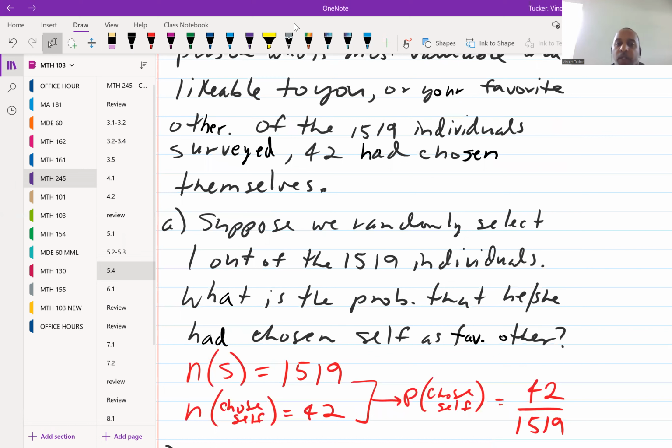All right. So once again, suppose we randomly select one out of that 1,519. What is the probability that he or she had chosen self as a favorite other?